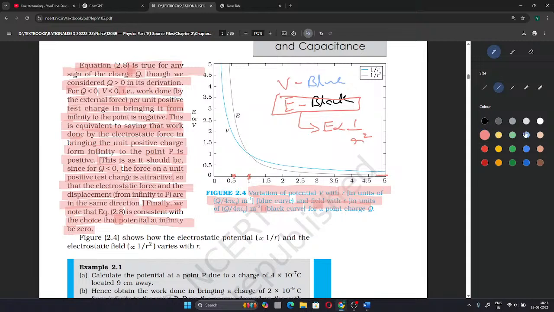And in the case of voltage, voltage is inversely proportional to 1 by r, whereas here it is 1 by r square.